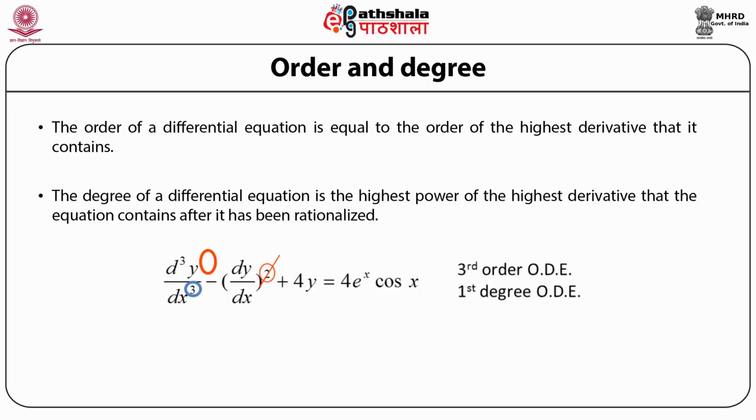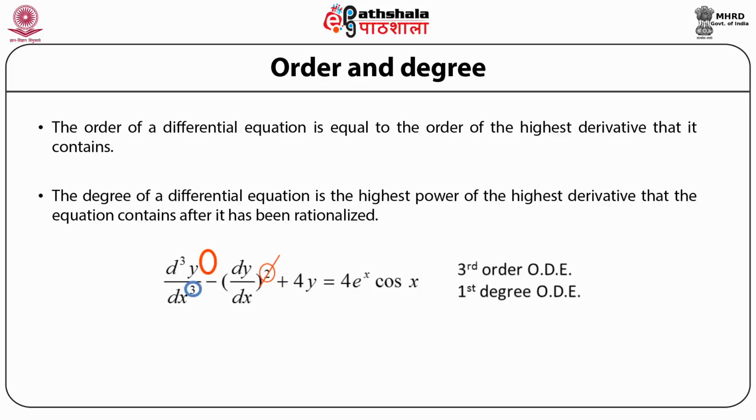Inside the square it's just a multiple, but the differentiation in the second term is only once. But in the first term, we are differentiating with respect to x thrice. So the highest derivative order is 3 here. That's why it's a third order ordinary differential equation, ODE.